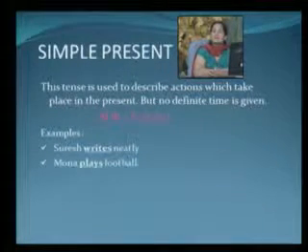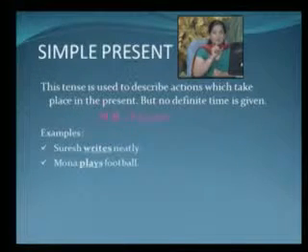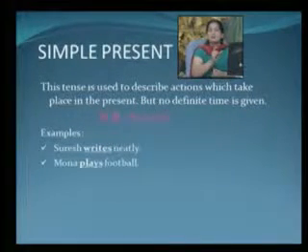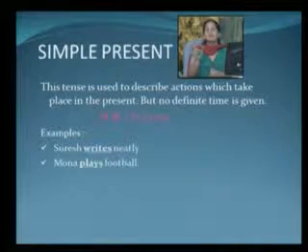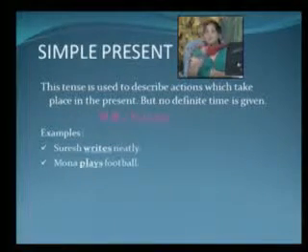The examples written are: Suresh writes neatly. Suresh being the third person, we should use writes neatly. Mona plays football. Now instead of Mona, if you use I, then I play football. I becomes the first person, and along with the first person, the verb will have the same form. I play football. Is that clear with the present tense?